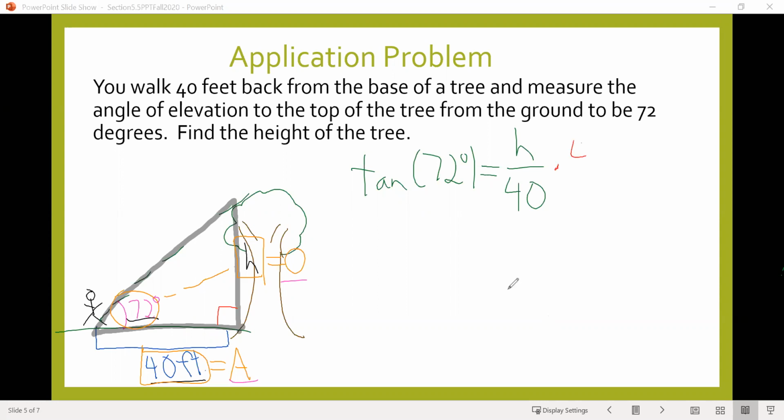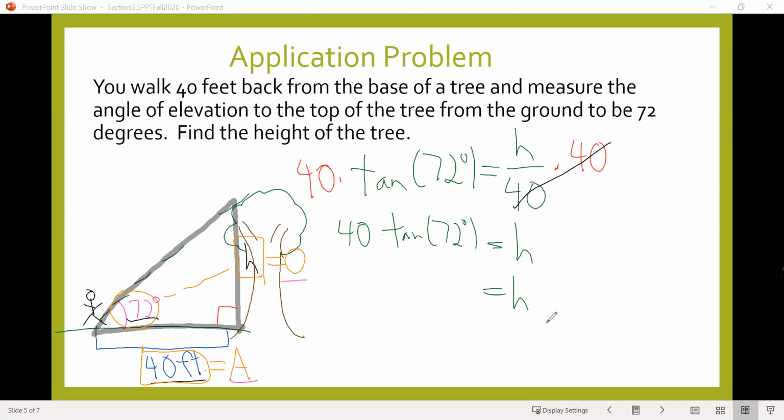So we'll multiply by 40 here, multiply by 40 here. These can cancel. So we have H equals 40 times tangent of 72 degrees. We can go ahead and plug that into our calculators.